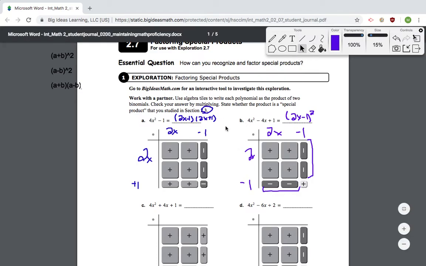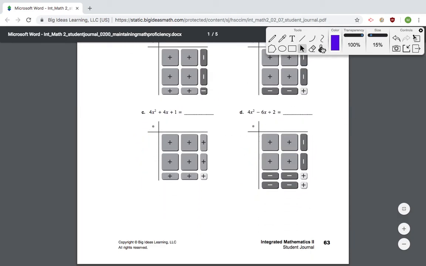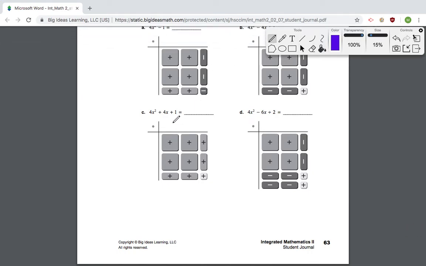Moving down, let's erase everything. We have this one, which ends up being 2x plus 1, and the same on the left. So this is 2x plus 1 squared. And lastly, we have 2x.